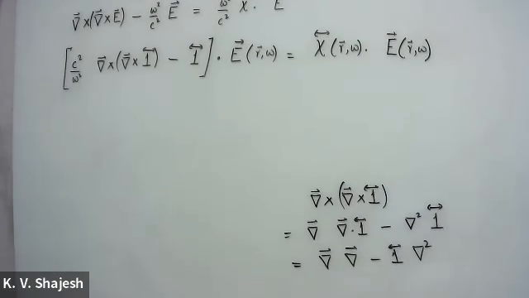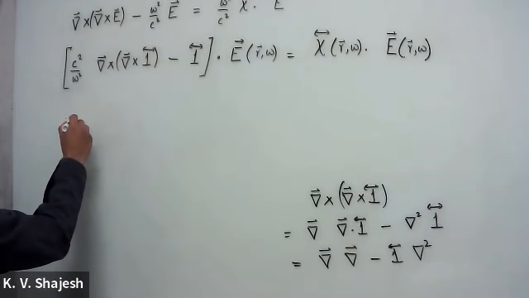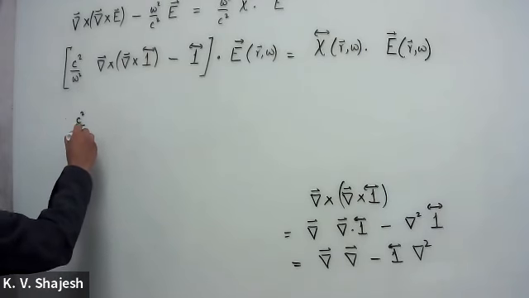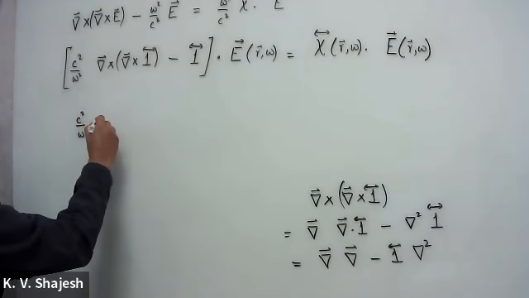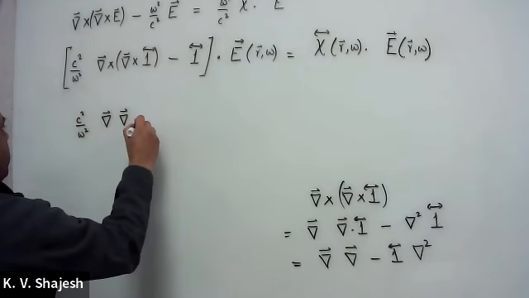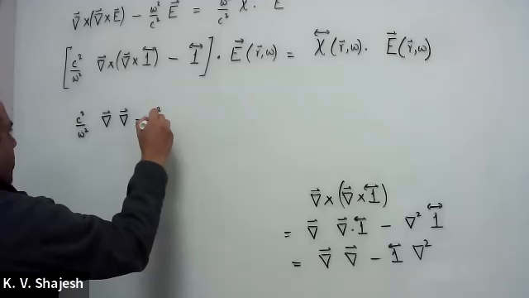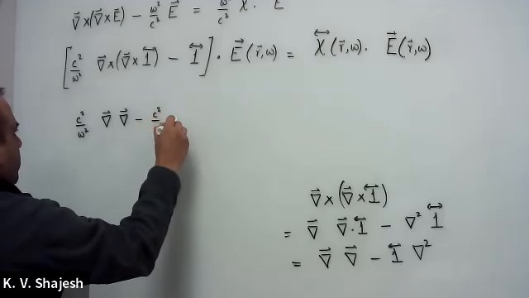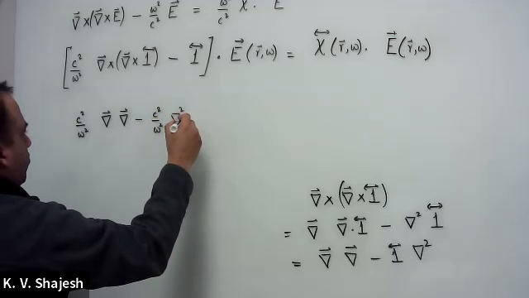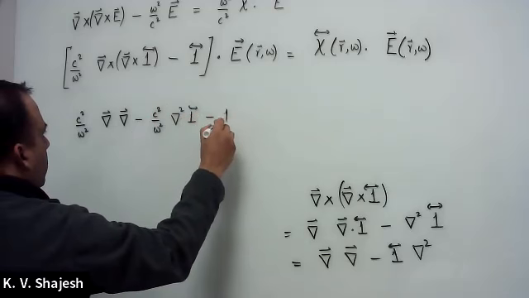So if I were to write it in that form, I get c square over omega square, and then this as gradient, minus of c square over omega square gradient square times 1, and then that is minus 1.